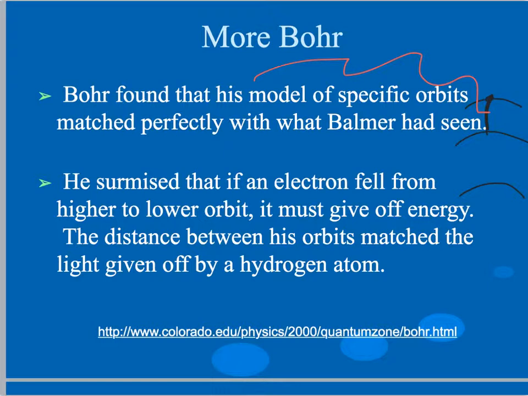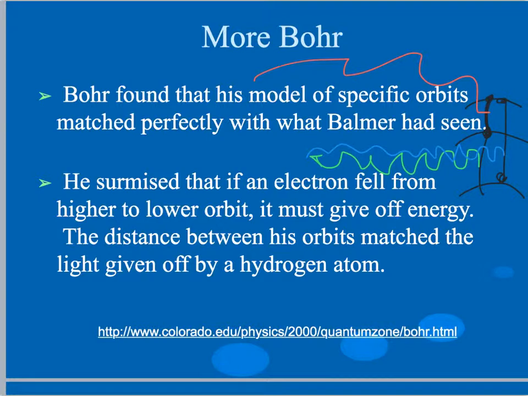If the electron then fell the rest of the way down, that's a little bit bigger distance, so it's going to be a little bit more energy. So maybe that's going to be a green light given off. If it were to fall down the entire way, the whole double step at once, maybe that would be blue light, which is even higher energy.